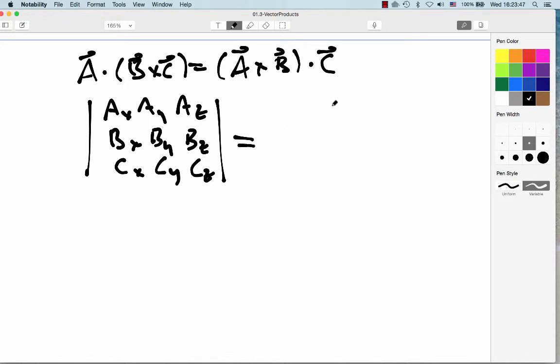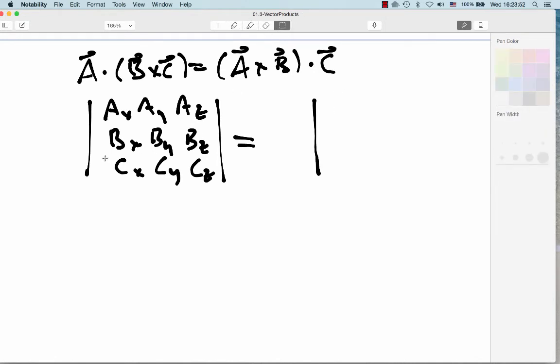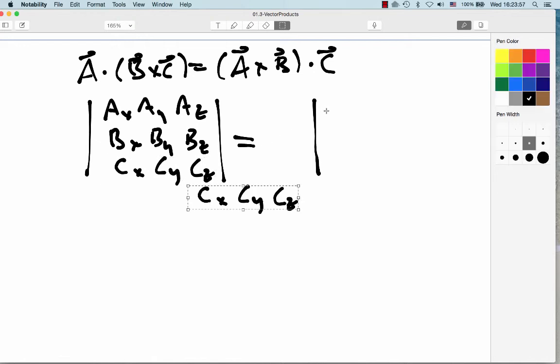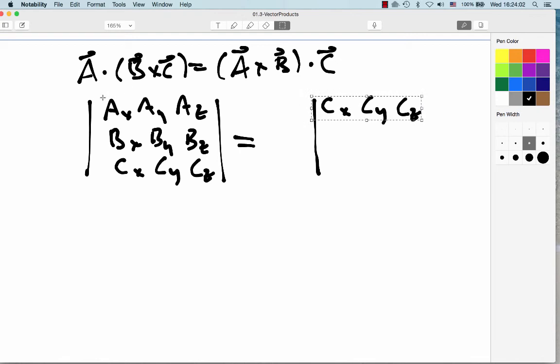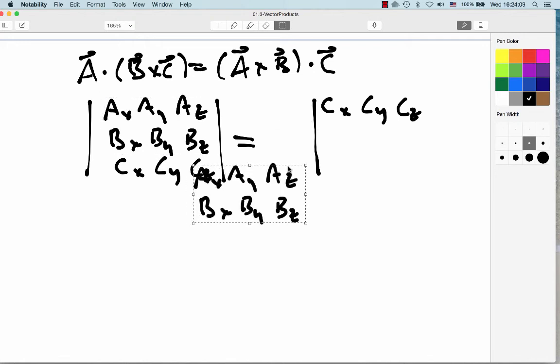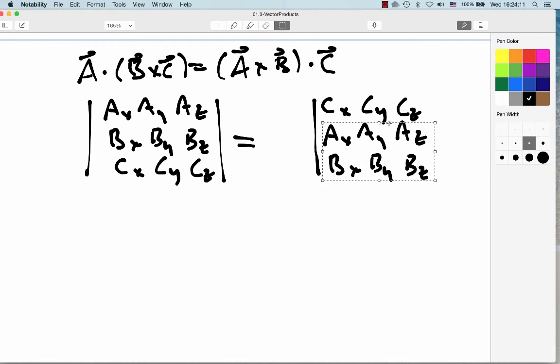So I need to get this into some sort of form where I've got the C's in the top row, and then the A's and B's in the bottom rows of my determinant. Alrighty. Well, let's think about how to do that.